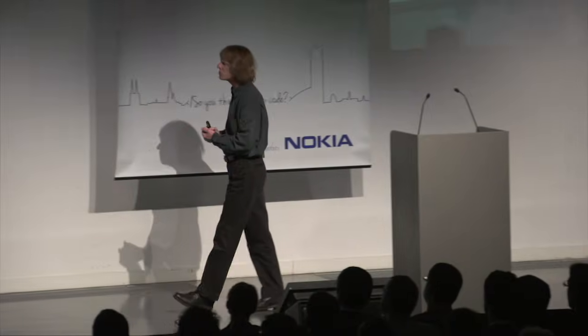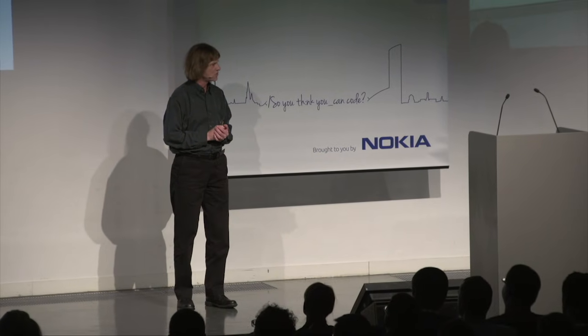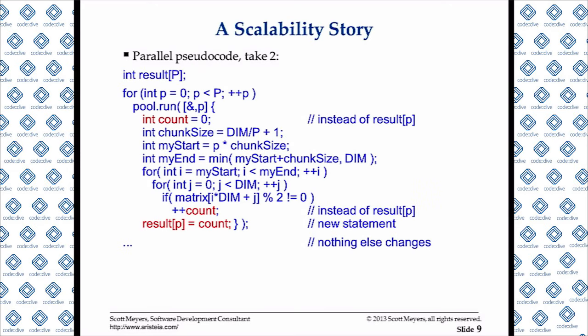However, let us suppose we make the following very small change to the source code. We still have the global array, which is going to keep track of how many odd elements each individual thread finds. What we're going to do, though, is for every individual thread, it's going to declare its own local counter. We're going to set that to 0.